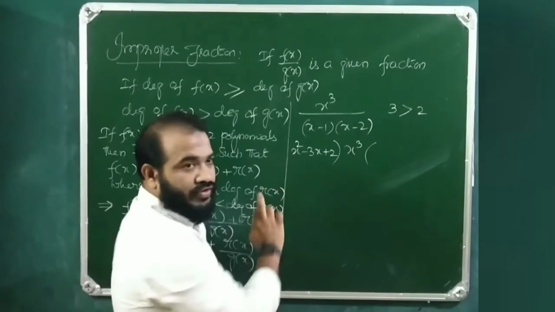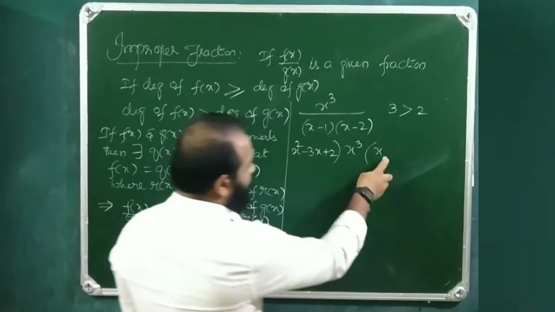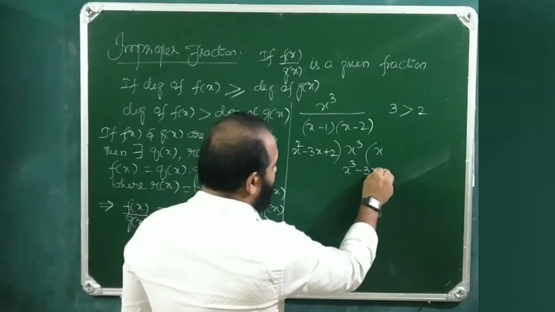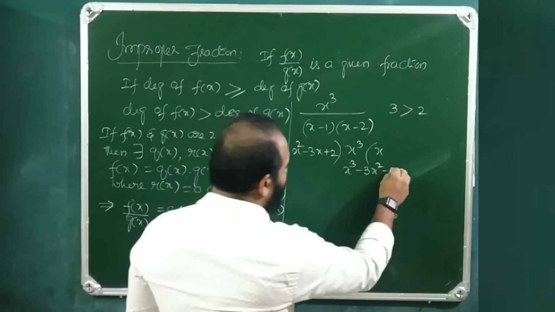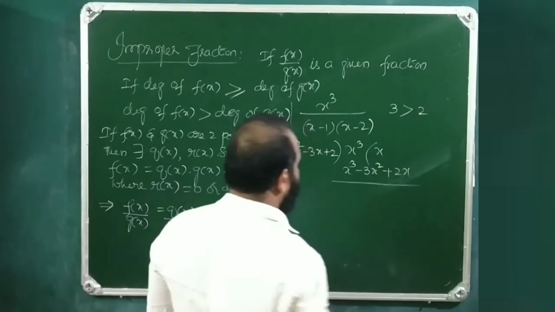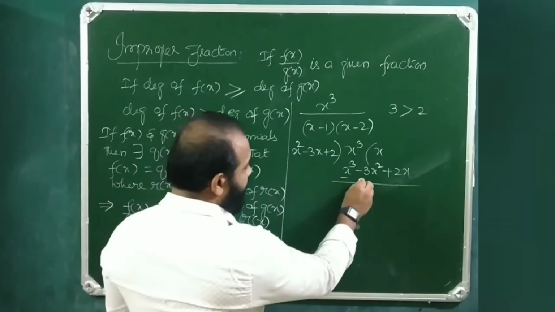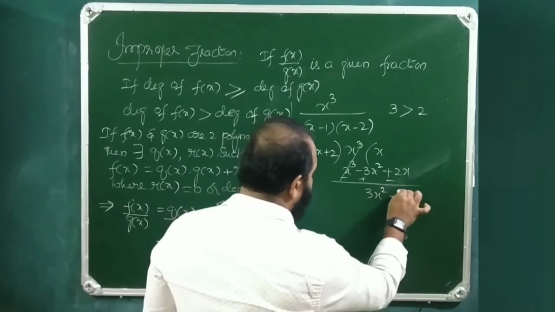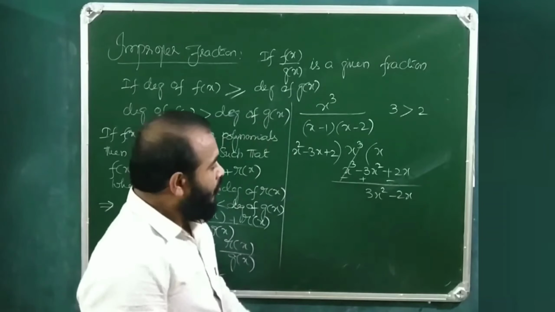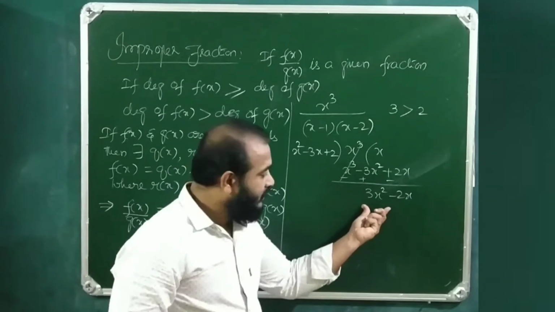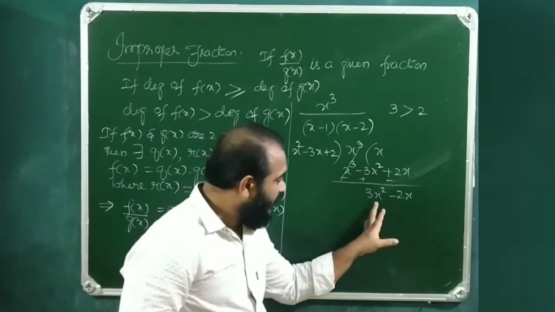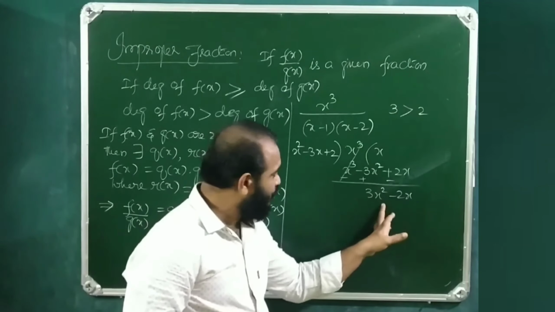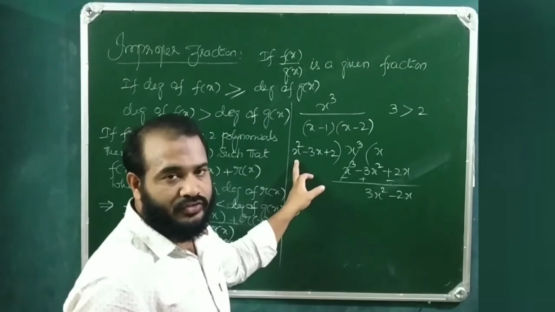So x cube by x square is x. X into x square is x cube, x into minus 3x is minus 3x square, and x into 2 is 2x. On subtracting, x cube cancels, and we get 3x square minus 2x. Now whether further division is possible depends on the degrees. Here the degree of the remainder r of x is 2 and the degree of g of x is also 2.